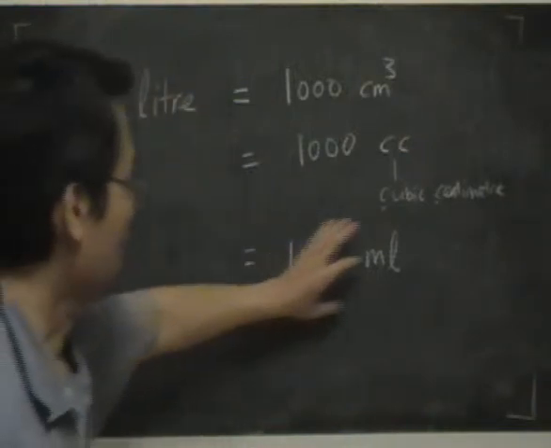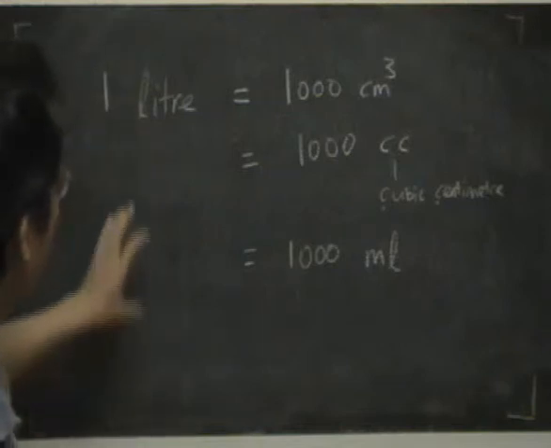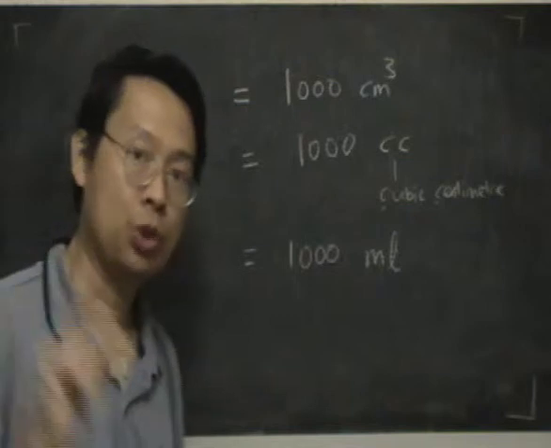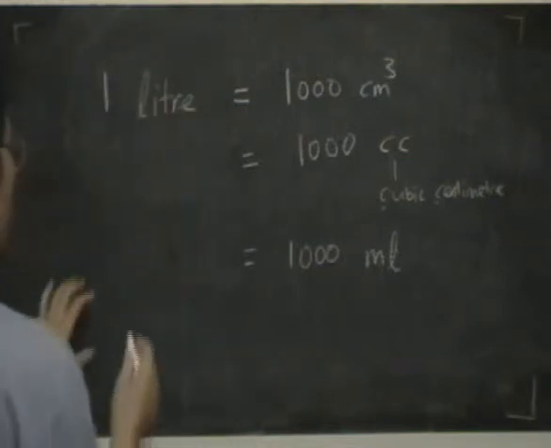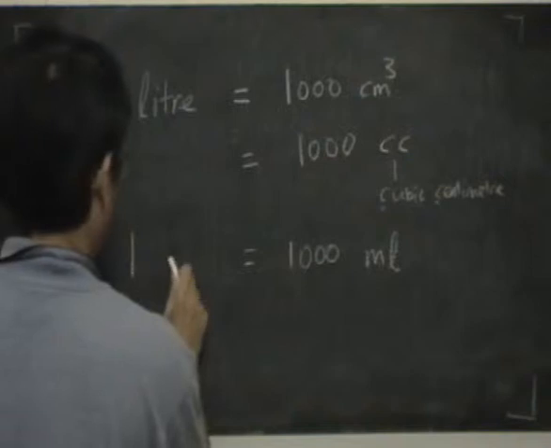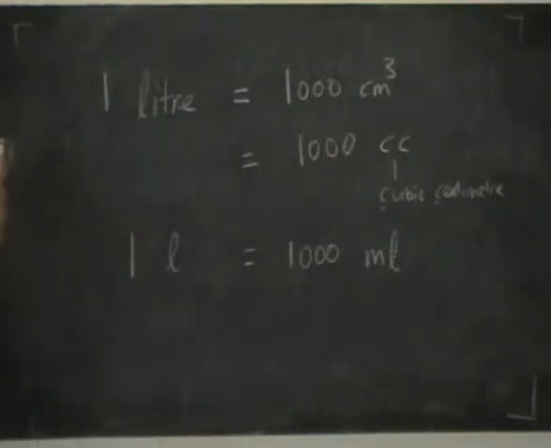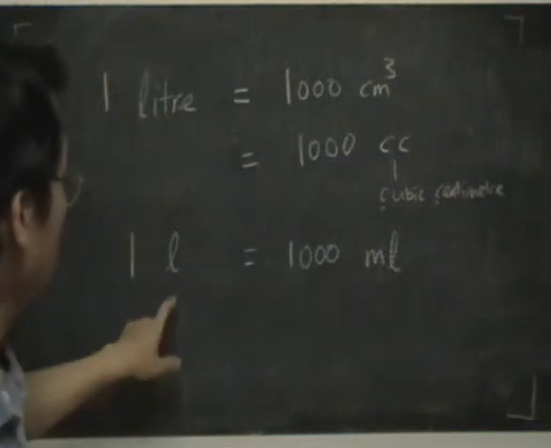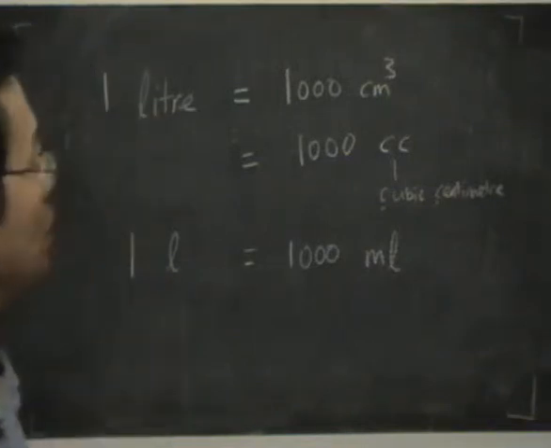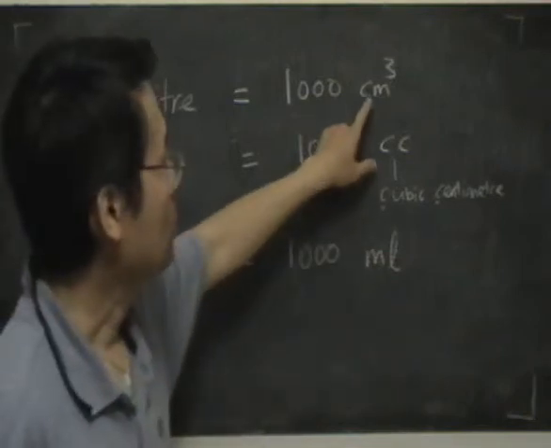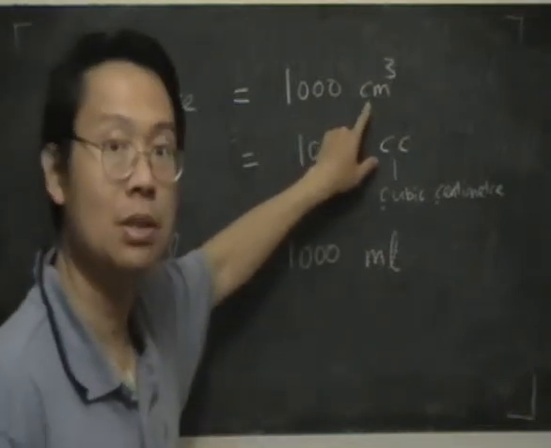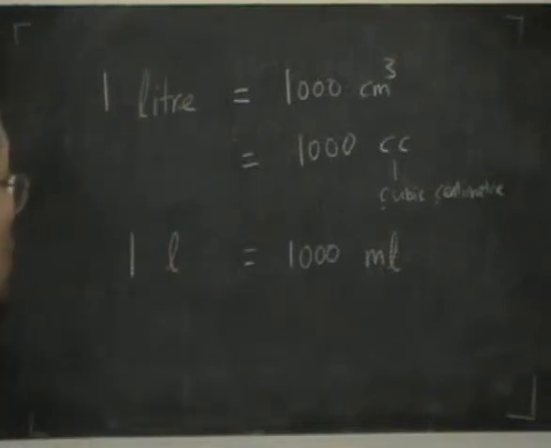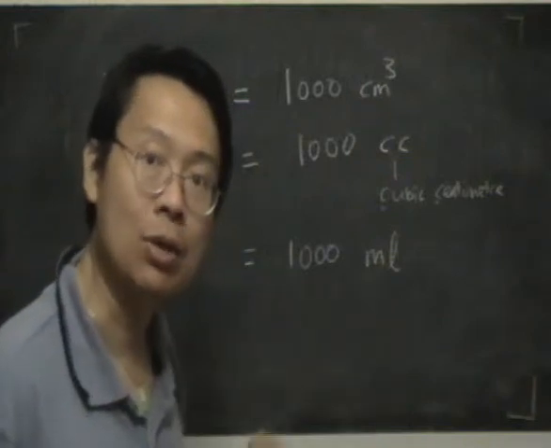Now before I explain that, let me go back to the liter. Now there is a short form for liter. 1L. So the unit for liter, the symbol for the units of liter is just L. Alright, just like the symbol for centimeter is cm. So for liter it is L. Now, but then what is ml?